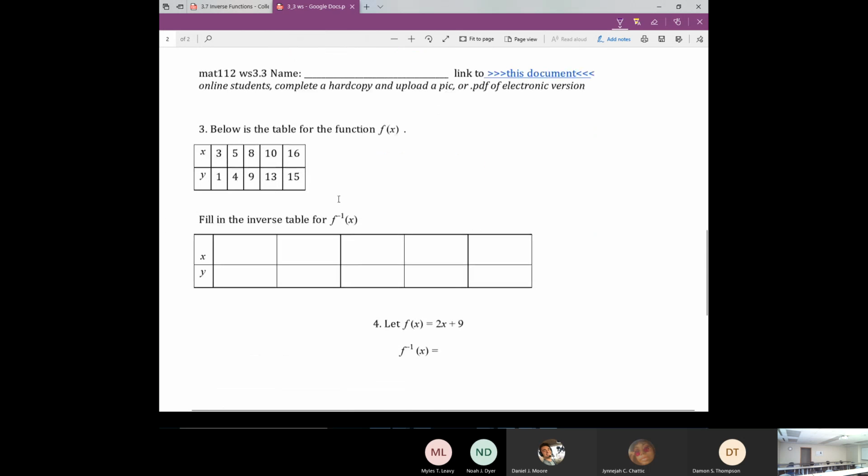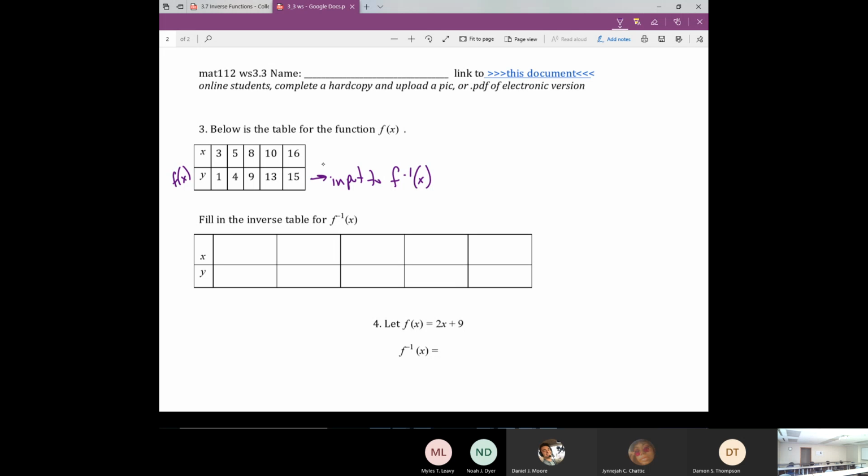Now I have a table, f of x. And I know any input of x into my function, y is the same as f of x. Well, the inverse table for f inverse, if this is my input, well, it's simply the reverse table.